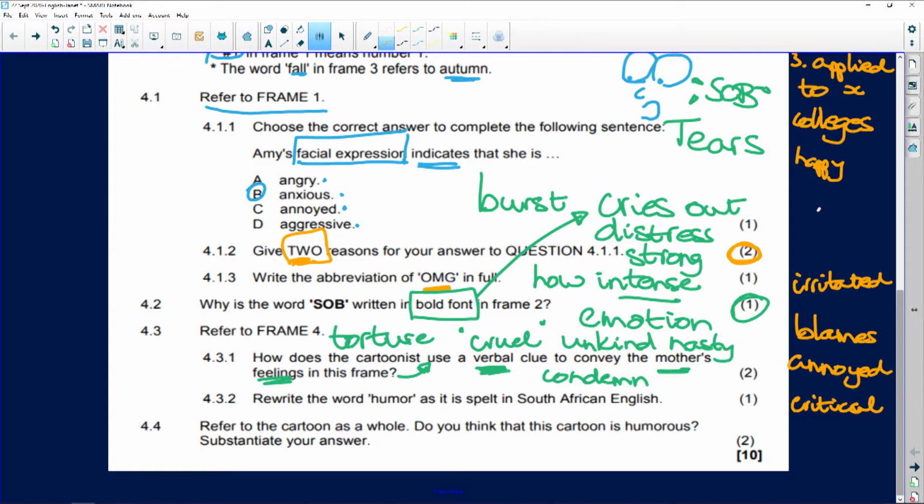What if the child answers about how she's feeling about her daughter? I don't see how that could be marked wrong, because it just says the mother's feelings. So for her daughter, she feels pity for her daughter. She feels sorrow that her daughter has been so distressed by this vicious staff member or staff members.